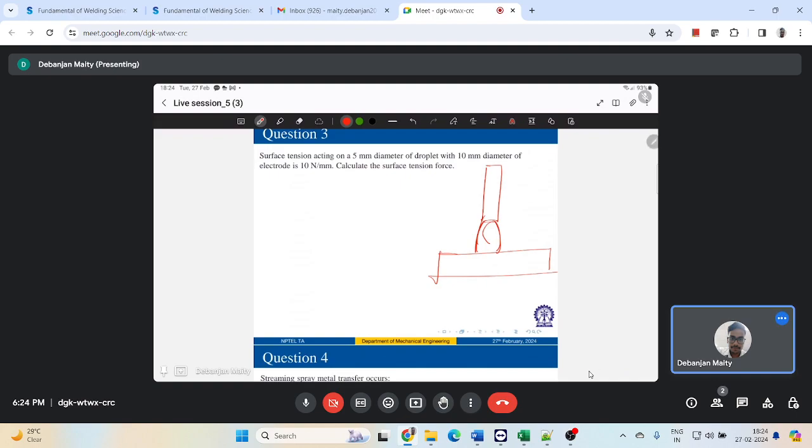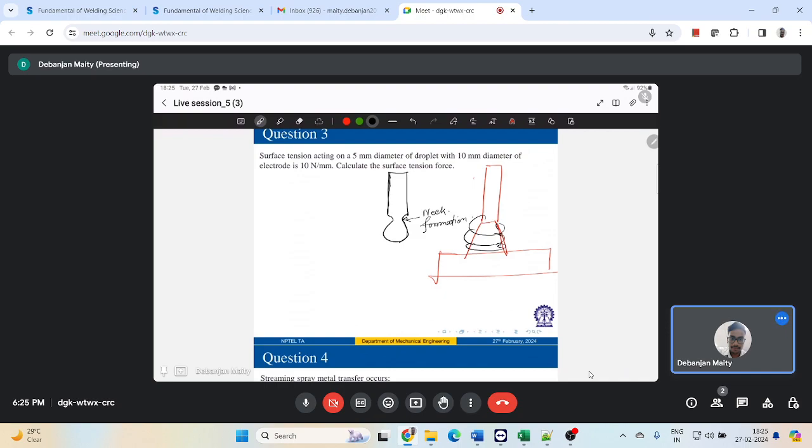So let me draw it in a good way. This is my arc, and these are the asymmetric radial forces due to the electromagnetic self-induced magnetic field, and this force always experiences some pinch effect where you'll have neck formation, right?